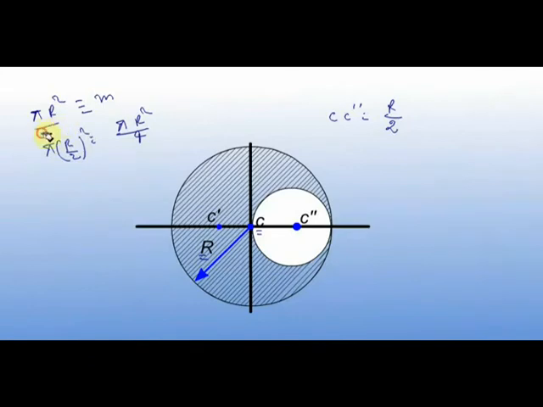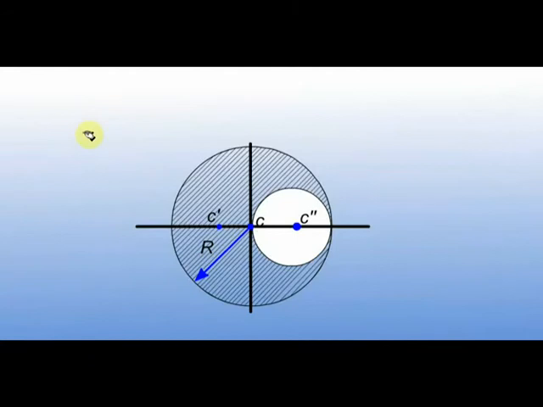So since the mass of pi r square area was m, the mass of pi r square by 4 area would be m by 4. So the mass of the remaining portion, that is the shaded region, would be m minus m by 4, that is 3m by 4.